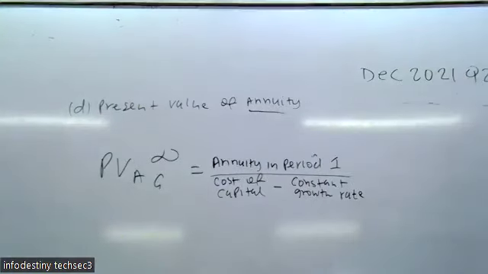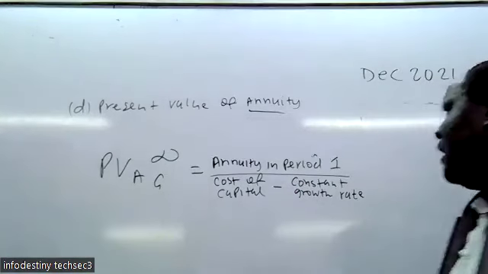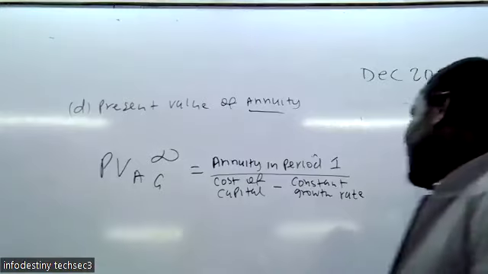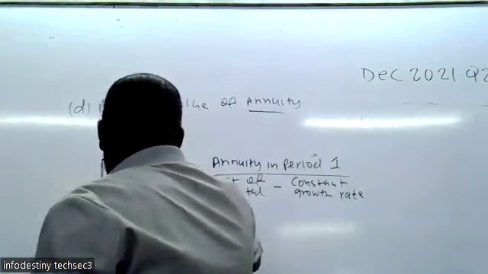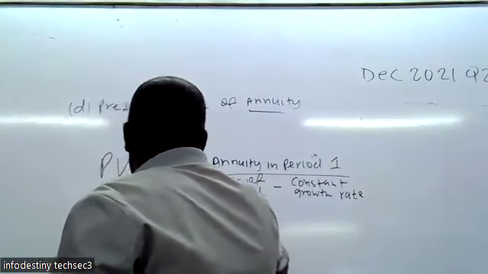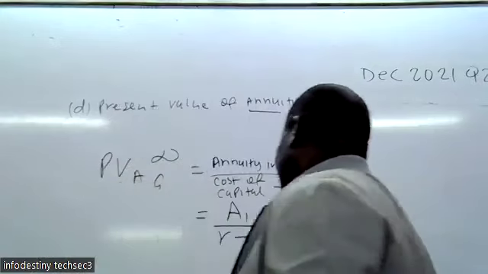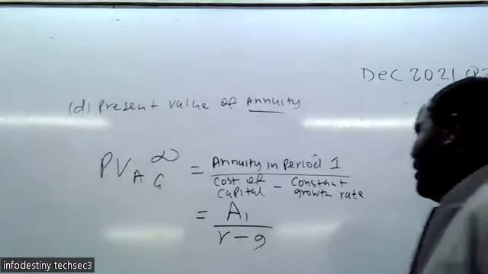So when you want to compute the present value for the annuity, which is growing up to infinity, we simply get the annuity in period 1. We divide by the cost of capital minus the constant growth rate. So this is the same as annuity in period 1 divided by R minus G. The constant growth rate is G, the cost of capital is R.